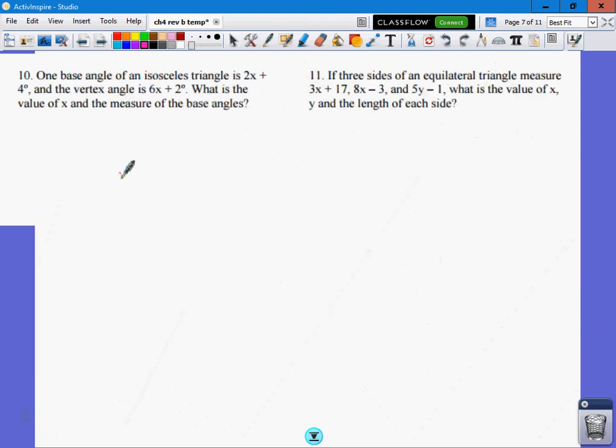Number 10, one base angle of an isosceles triangle. If it's isosceles, I'm going to draw an isosceles triangle. These two sides are congruent. It said one of the base angles was 2x plus 4. It says the vertex angle was 6x plus 2. Remember that the base angles of an isosceles triangle are congruent.